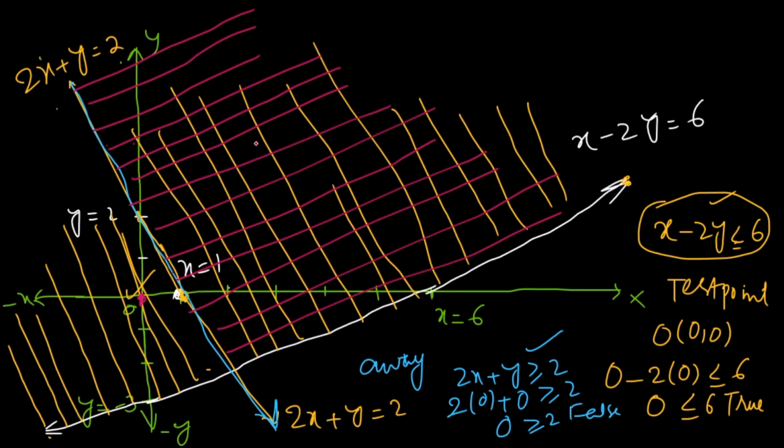So here the common shaded region between these two inequalities is the region that is formed by these purple lines and yellow lines. So this is the common region.